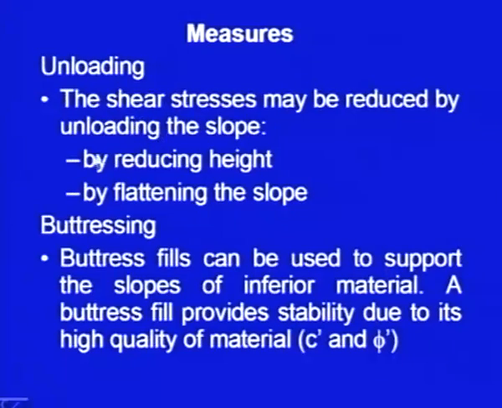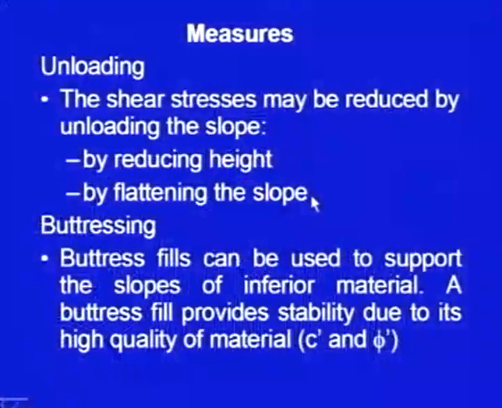One can try to reduce the height of the slope, if possible. For example, in the case of man-made structures it is possible, in the case of natural slopes it may not be possible. Also by flattening the slope, by changing the slope angle. If it is very steep, it may be unstable. So, we can adopt a flatter slope.